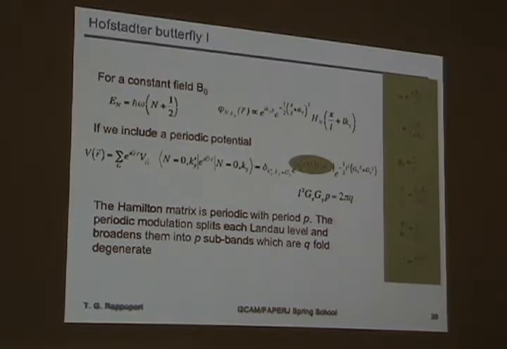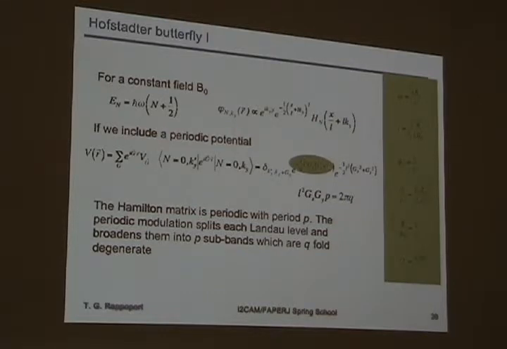And you end up obtaining that this periodic modulation that was introduced splits each Landau level into P subbands, which are now Q-fold degenerate. So you lift the degeneracy of the Landau level and break it into many subbands, which now are only Q-fold degenerate.